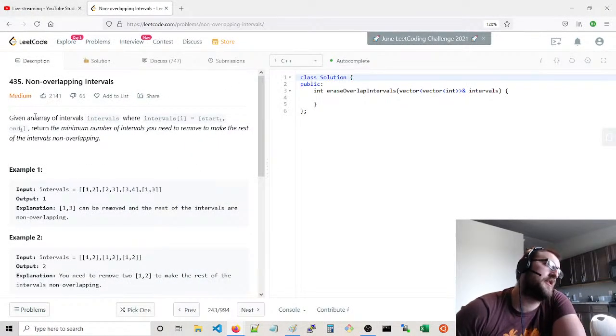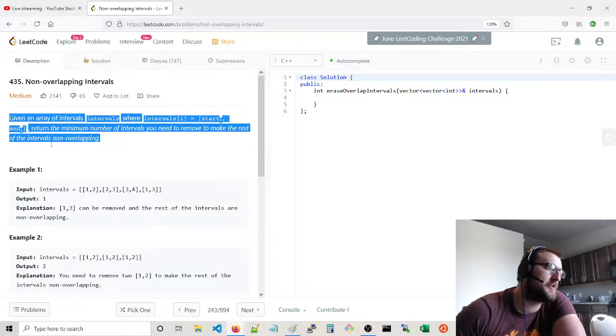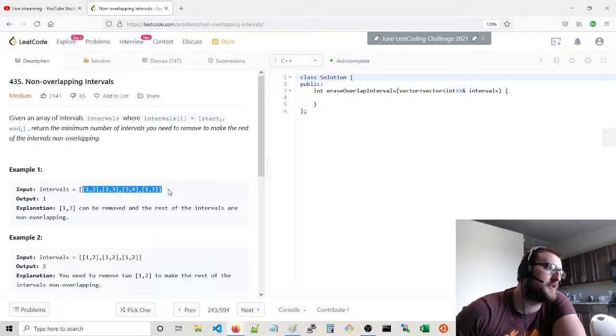Given an array of intervals, where intervals[i] is [start_i, end_i], return the minimum number of intervals you need to remove to make the rest of the intervals non-overlapping. Okay. [1,3] can be removed and the rest of the intervals are non-overlapping. So it doesn't matter if they're overlapping on an endpoint.